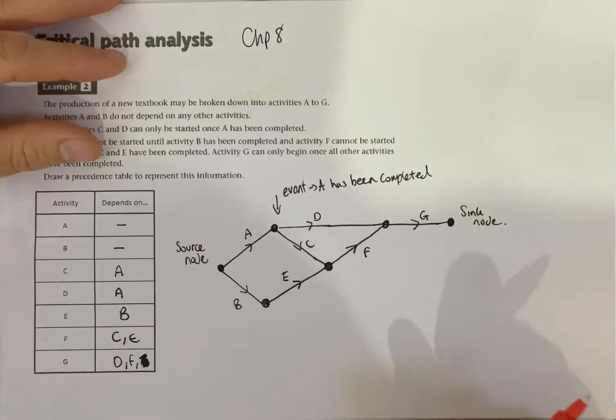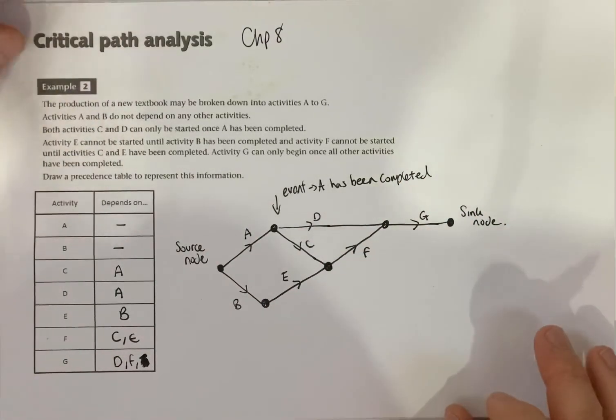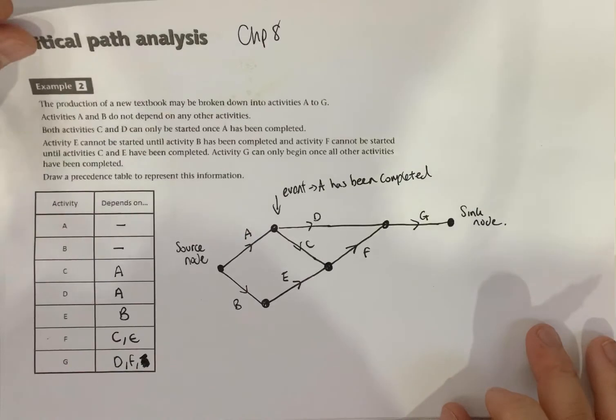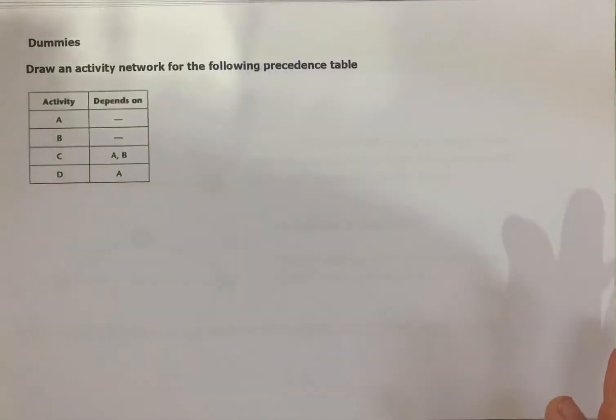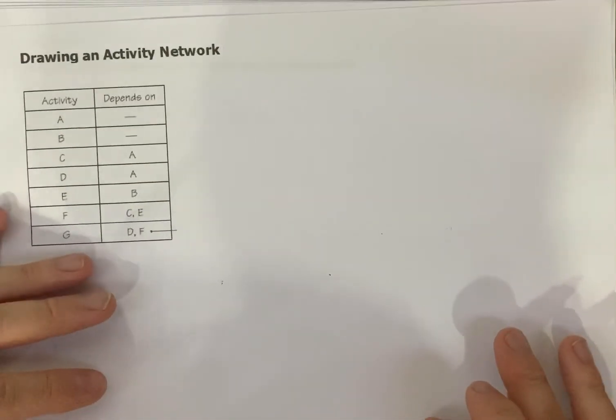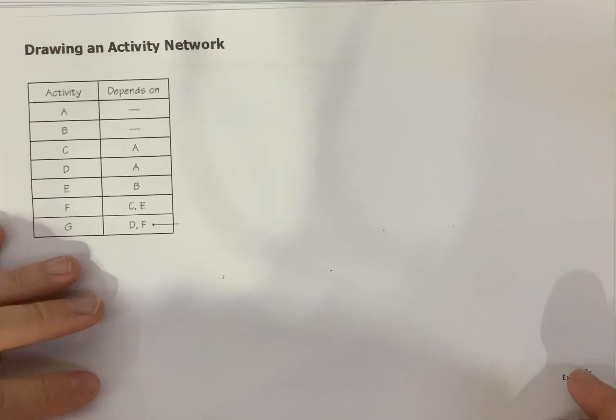Okay, and that's what an activity network would look like for this precedence table. That's literally everything you need to have a go at exercise 8A now.